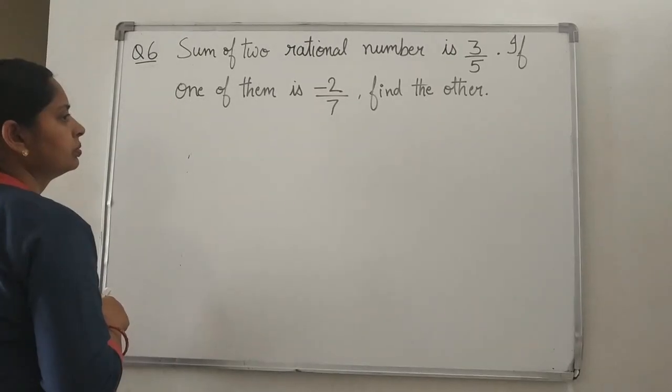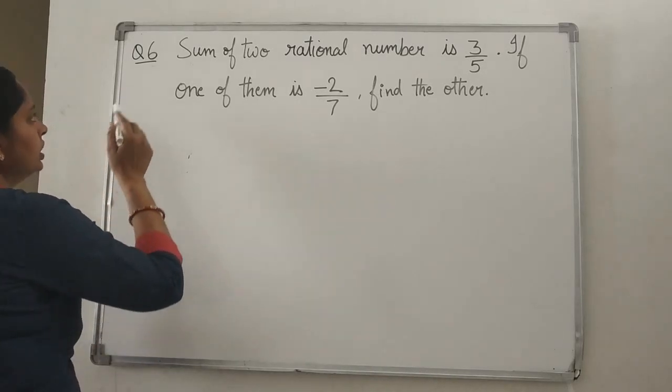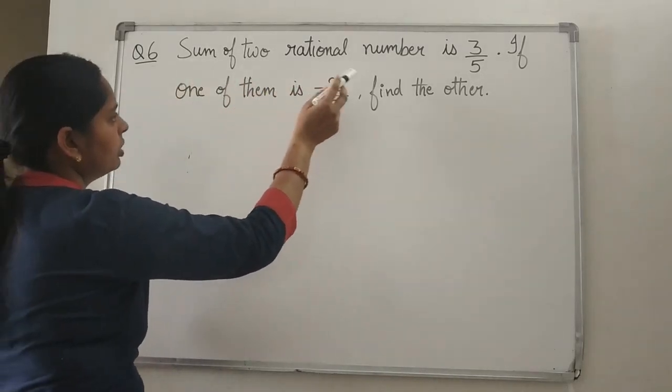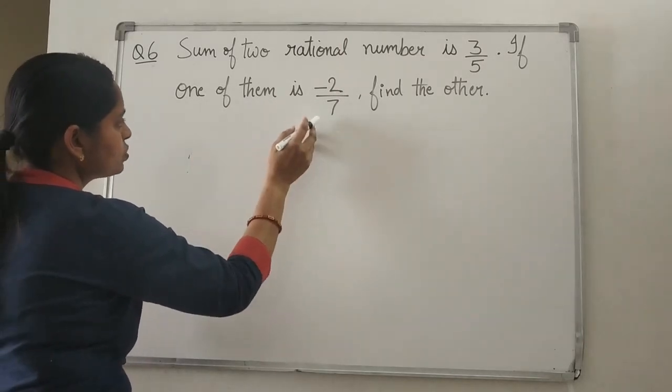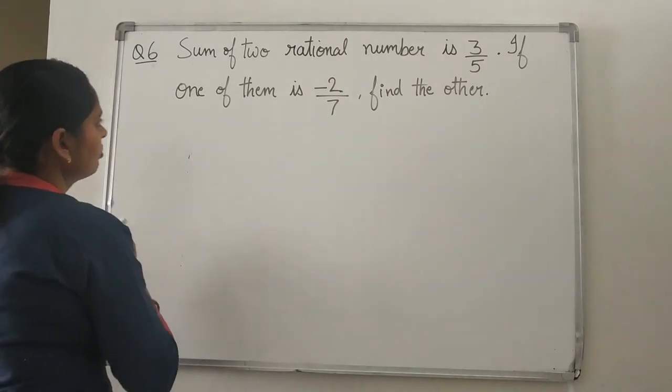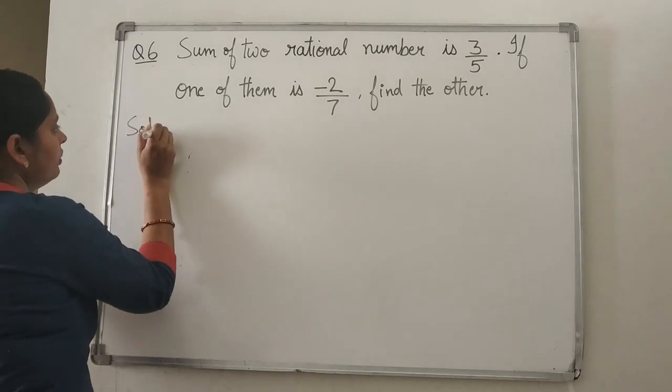Okay. Yes. Now see the next question. Sum of two rational numbers is 3 upon 5. If one of them is minus 2 by 7, find the other. So you have the value of the sum.